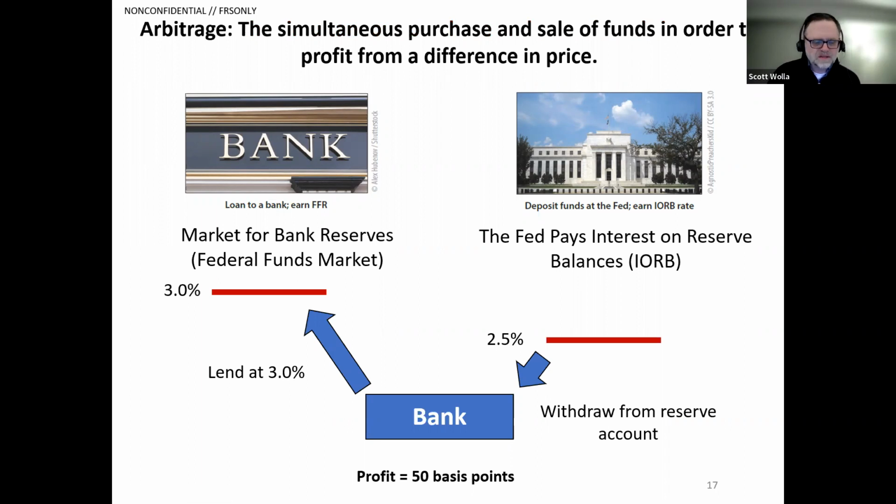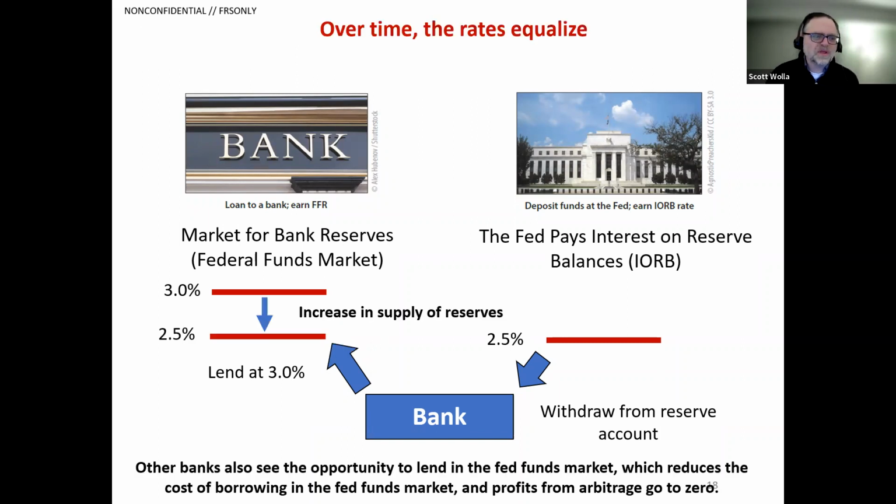Again, these are both safe investments. They're both liquid. There's no risk in doing this. You're just taking advantage of the difference in the market. But as you and other banks do this, and you start supplying funds to the federal funds market, the increase in supply will push down the interest rate. And pretty soon that difference disappears.